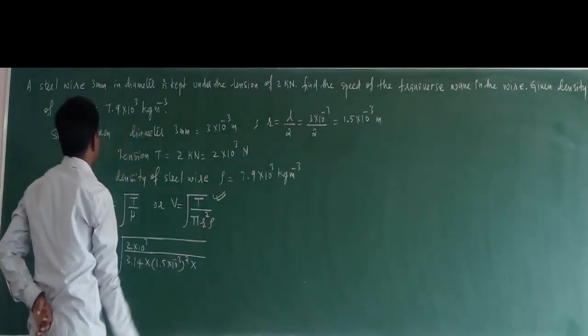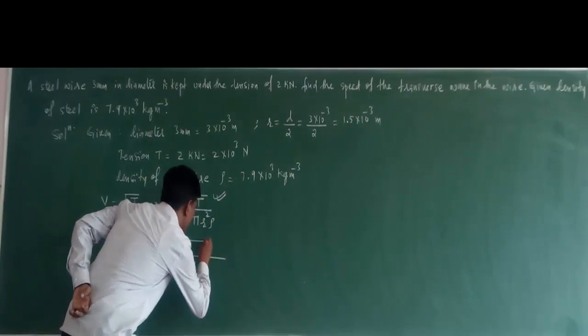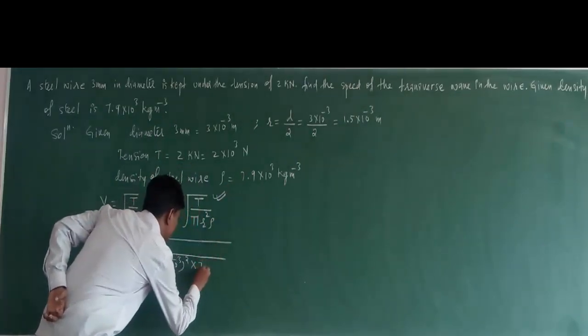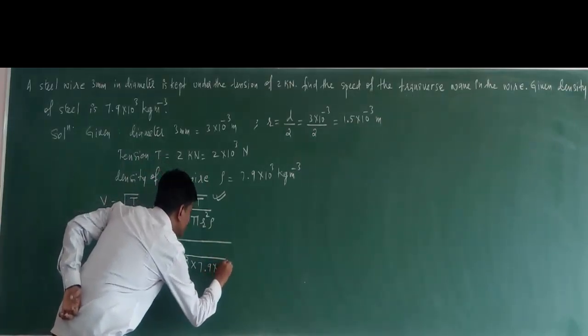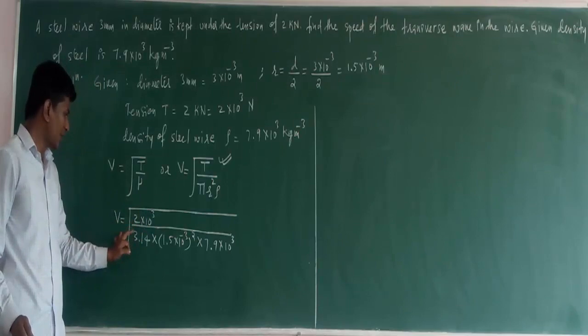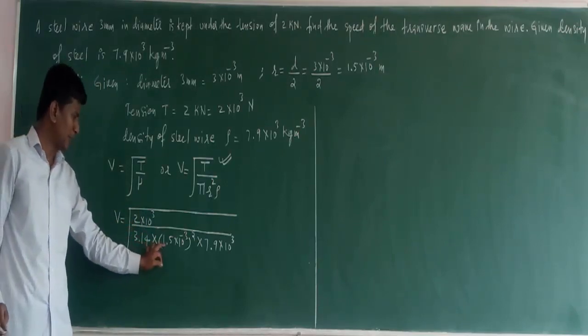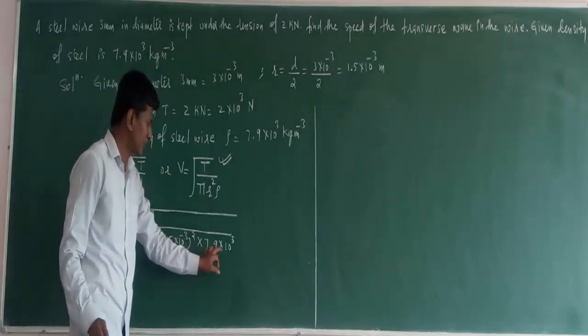Then rho is given as 7.9 into 10 raised to 3. V is equal to root of 2 into 10 raised to 3 whole divided by 3.14 into 1.5 into 10 raised to minus 3 whole square multiplied by 7.9 into 10 raised to 3.